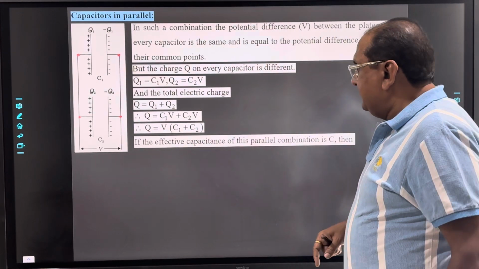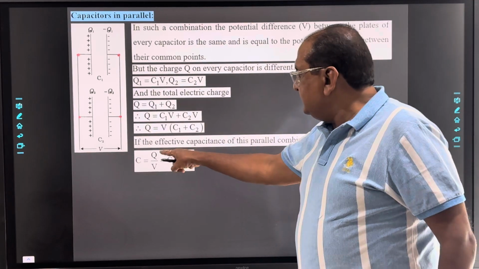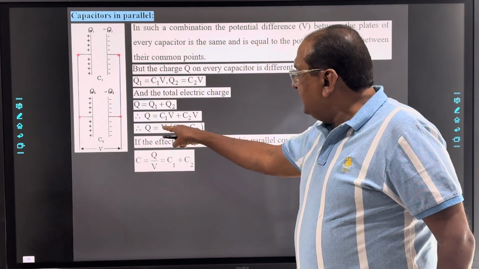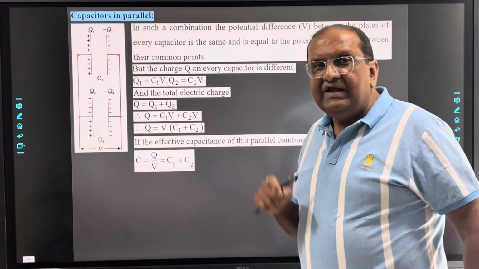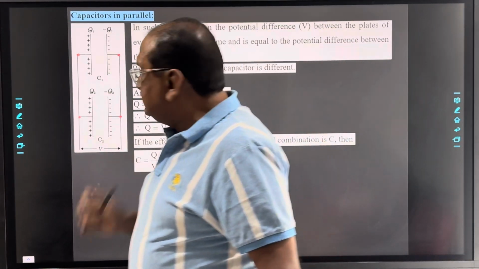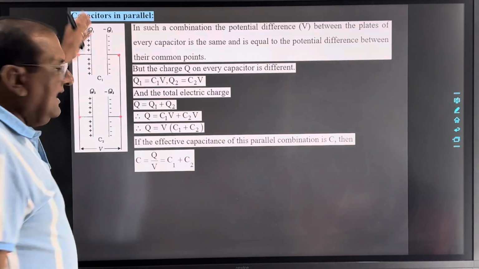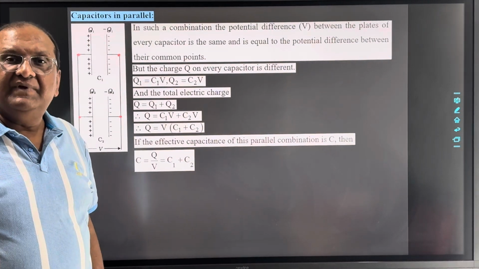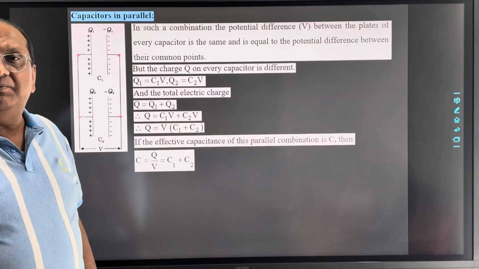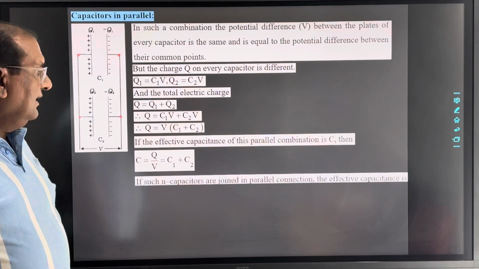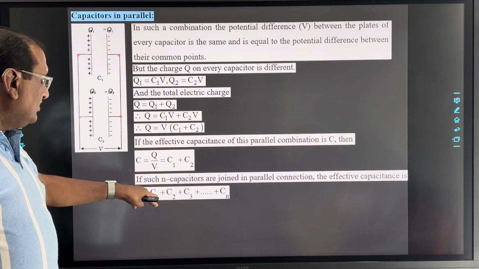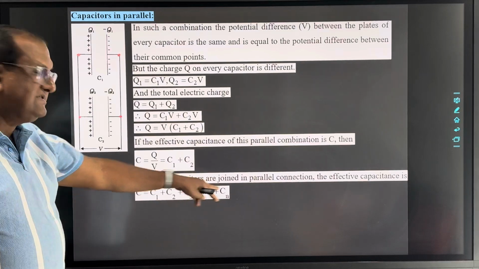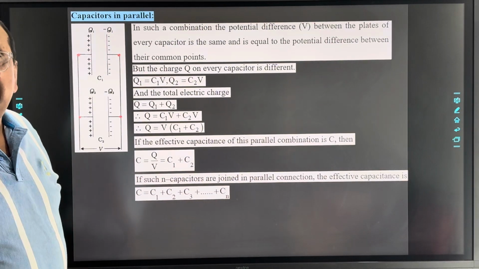Then we can write C is Q by V, but here we can see Q by V is C1 plus C2. It implies that suppose we have n capacitors connected in parallel combination, then the effective capacitance is C equal to C1 plus C2 plus C3 up to Cn.